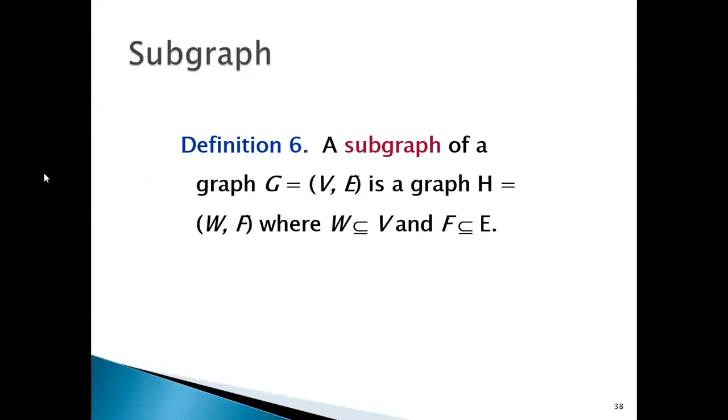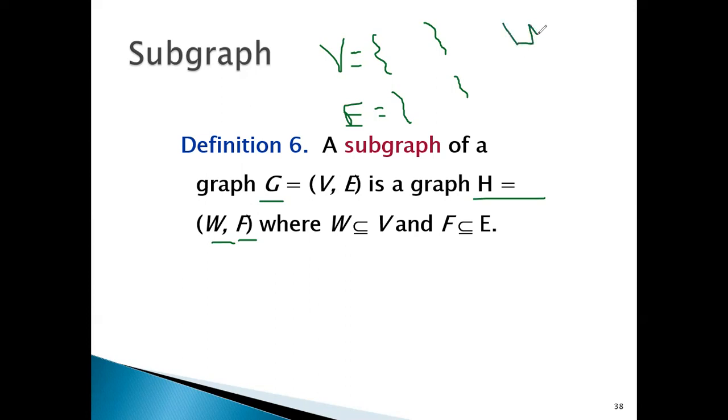So if I make it clear, for example, G is a graph which consists of a set of nodes or vertices V and a set of edges E. So there will be another graph H which consists of W and F. What is W?